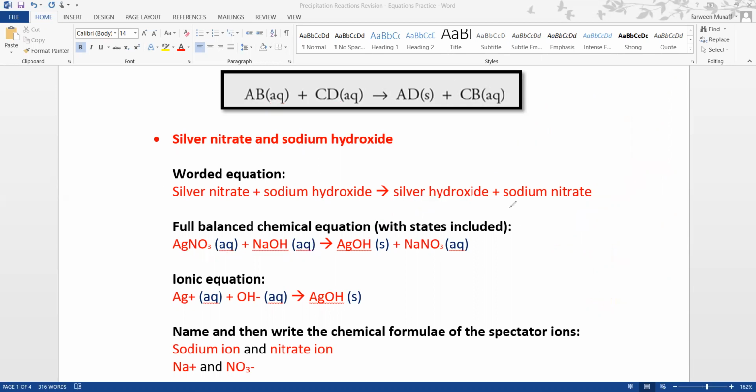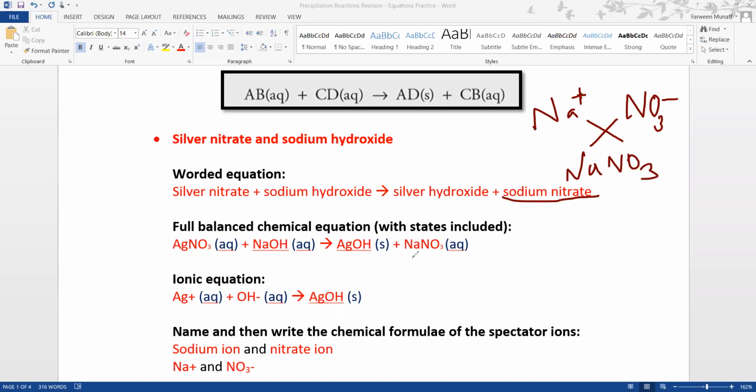The last one is sodium nitrate. With sodium nitrate, it's the same thing. Na has a +1 charge and NO3 has a -1 charge. Because they've both got a charge of 1, either positive or negative, they cancel each other out. There are no new charges that come up here, so it's just going to be NaNO3.